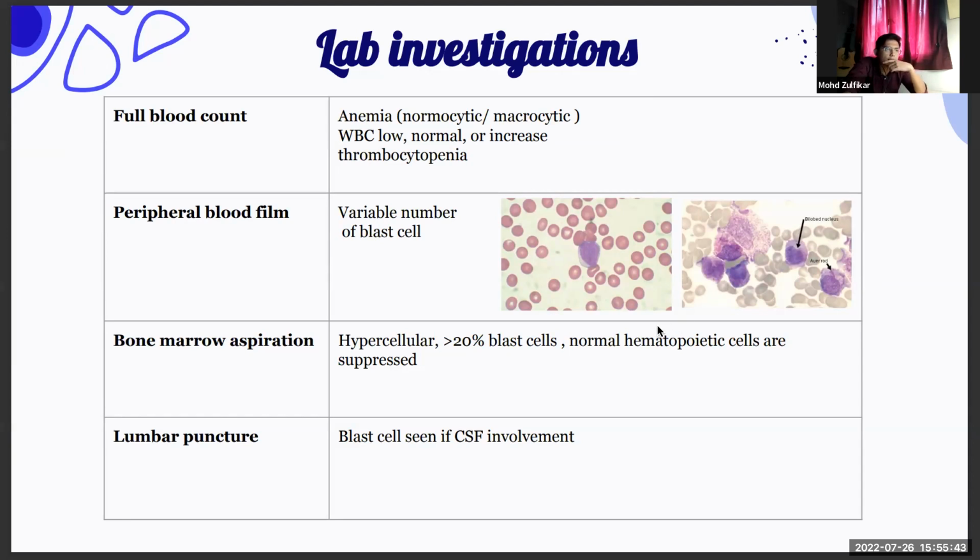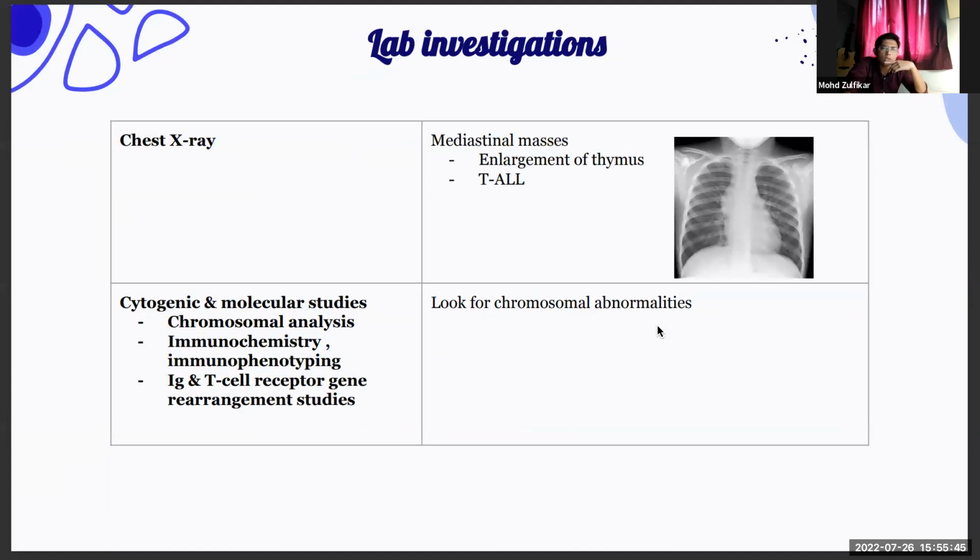So next slide. We can also do a chest X-ray, where we can see any mediastinal mass, which is due to enlargement of the thymus, as you can see in the picture I've provided there.